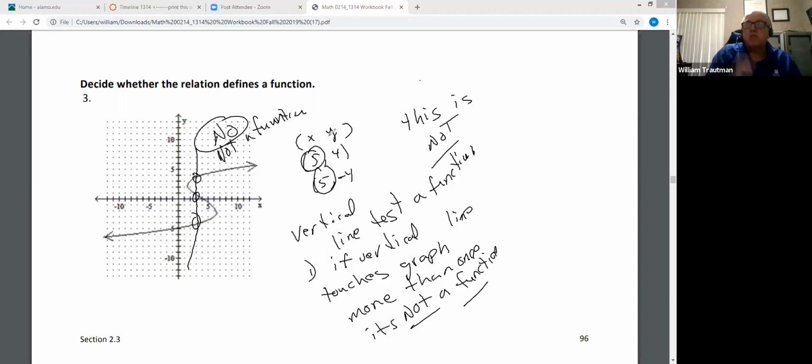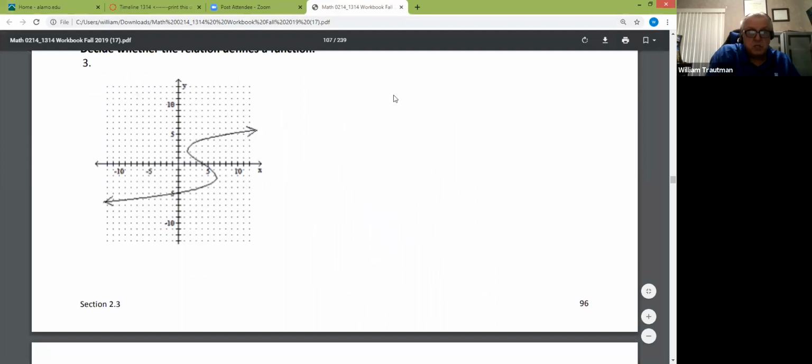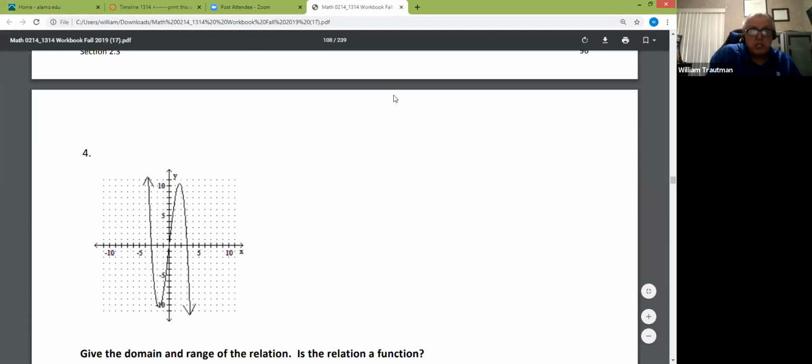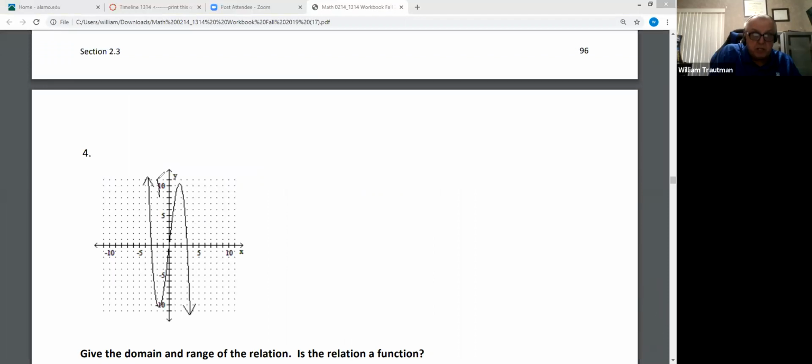So you can draw a vertical line. If it touches more than one spot anywhere on the graph, it's not a function. If you look at this graph, I'm going to draw a vertical line if I can. It's not easy. I need a ruler. Do you see it only touches the graph here?